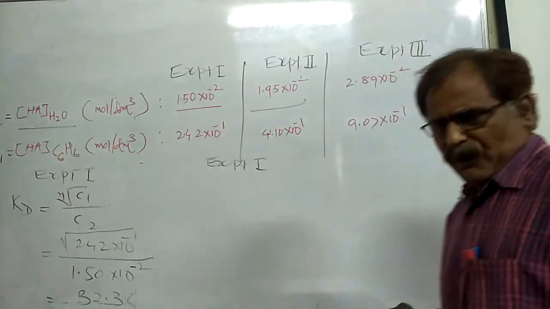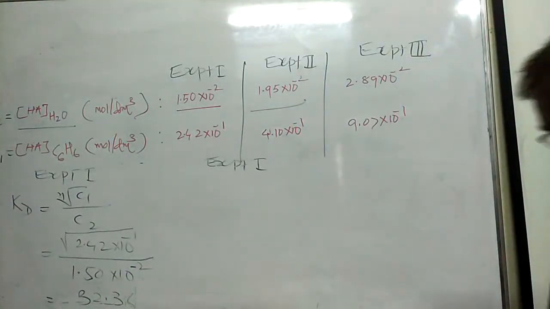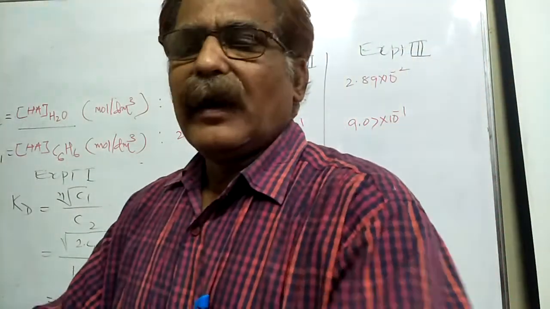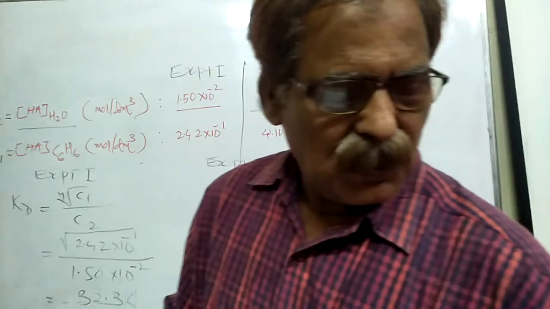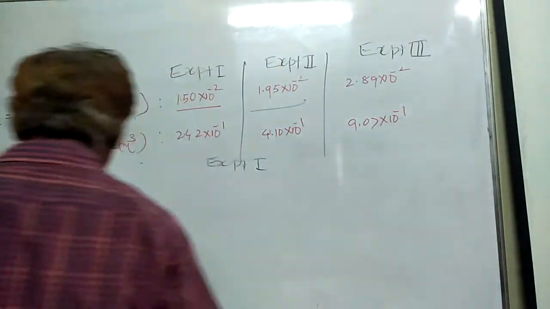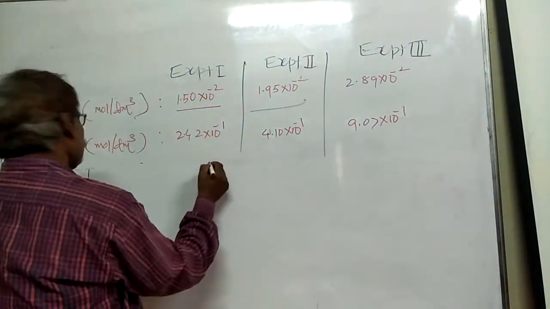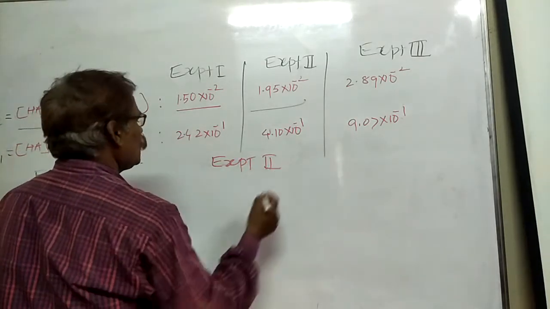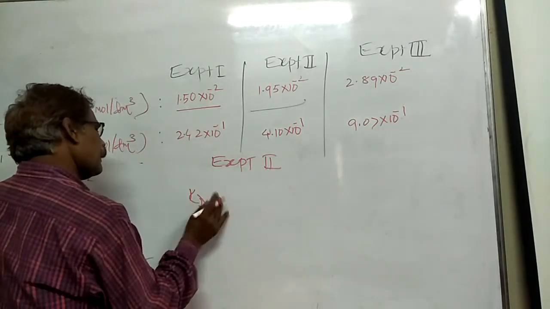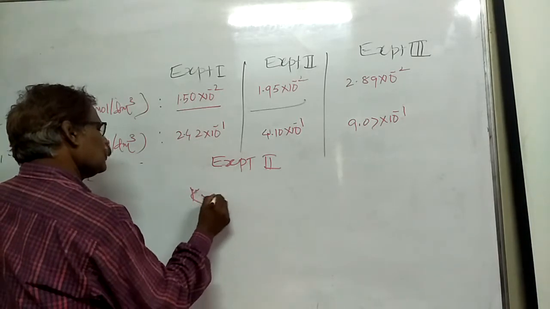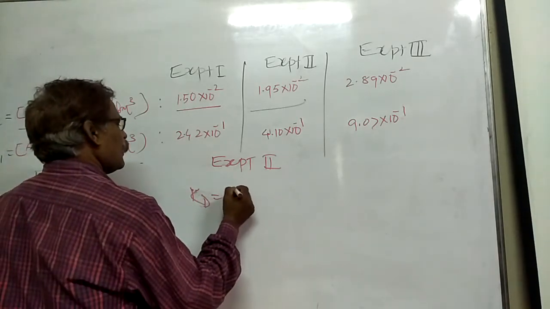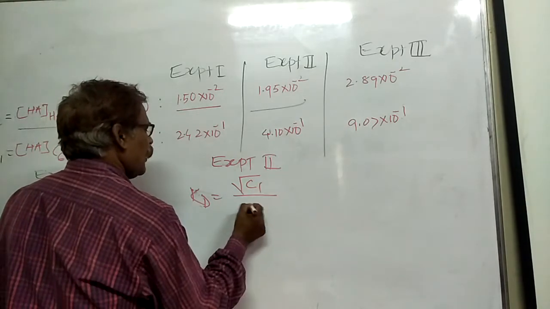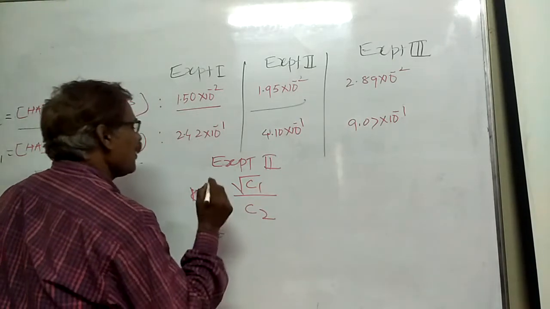Let us calculate the partition coefficient of organic acid HA between benzene and water in experiment number 2. In experiment number 2, Kd is equal to the square root of C1 upon C2.